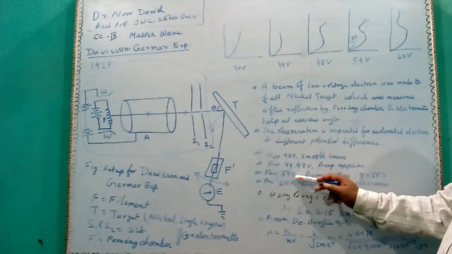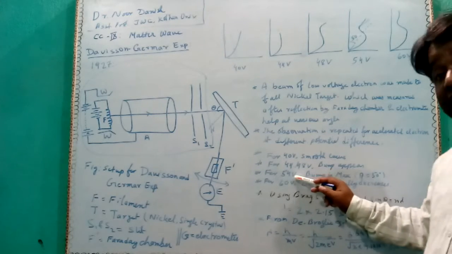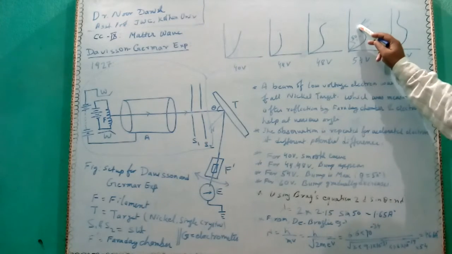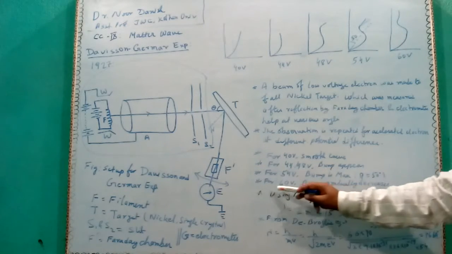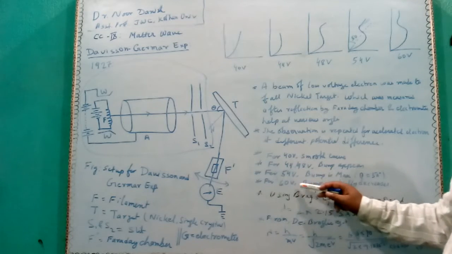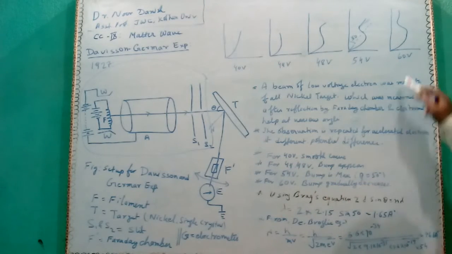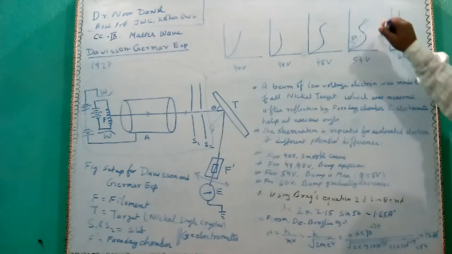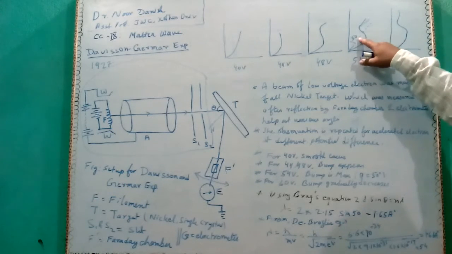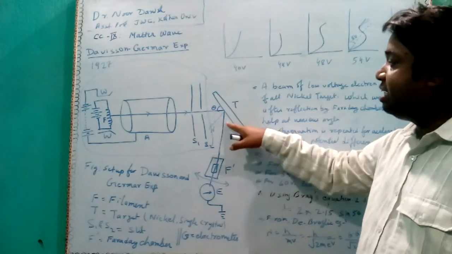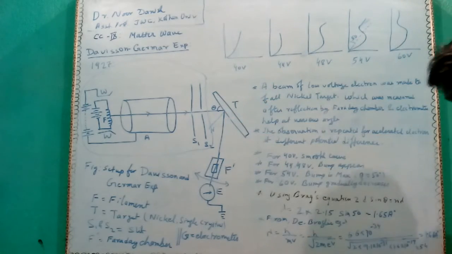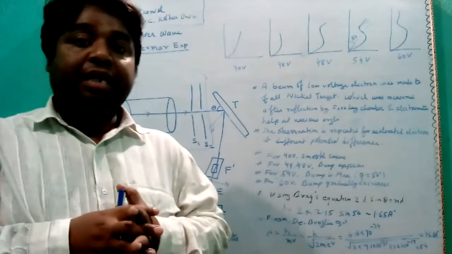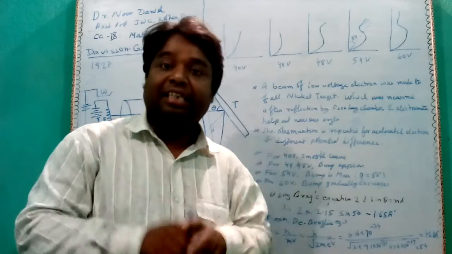At 54 volt, the bump is maximum. If I increase the accelerating voltage further, the bump gradually starts decreasing again. This means the maximum bump is observed at 54 volt and at an angle of 50 degrees from the measurement. So this experiment was carried out, but the experiment itself does not say anything.